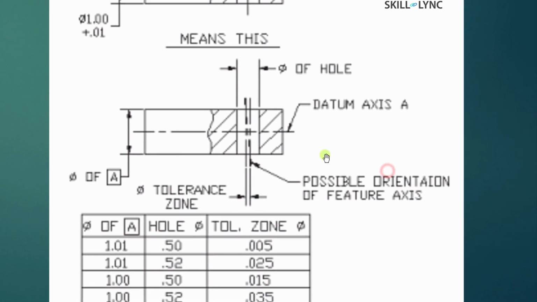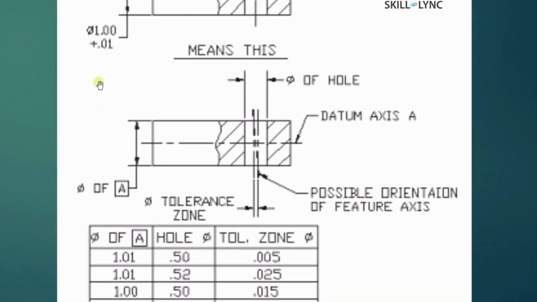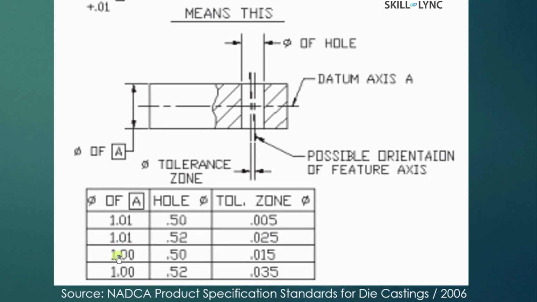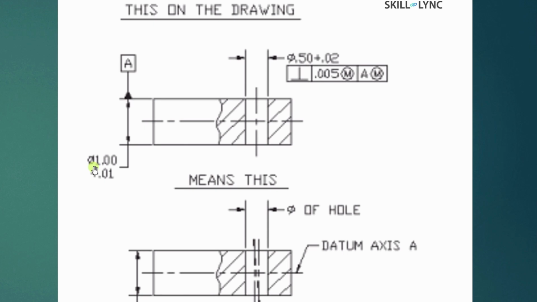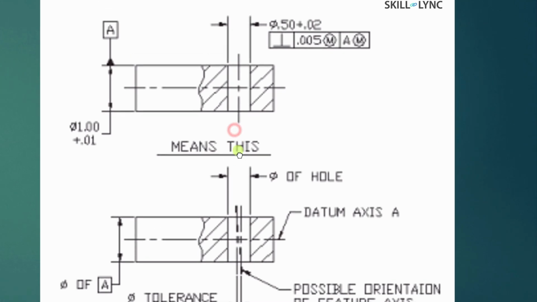It means that with this diameter of A, we have a minimum condition of 1 and a maximum condition of 1.01 for A, because again we have two variations. Even for this diameter we have the maximum material condition for this datum plane. So that's why we have two conditions, and then again applying the tolerance to that.